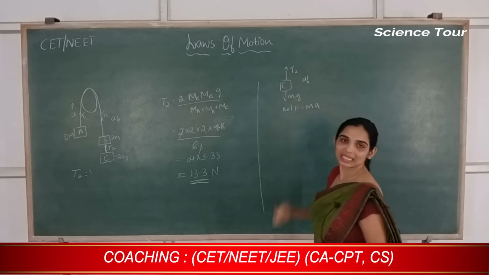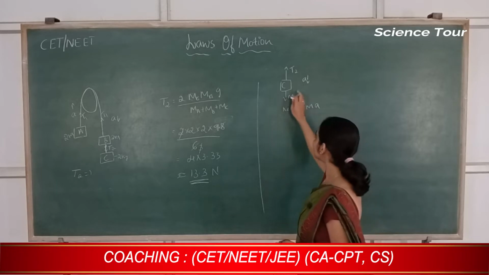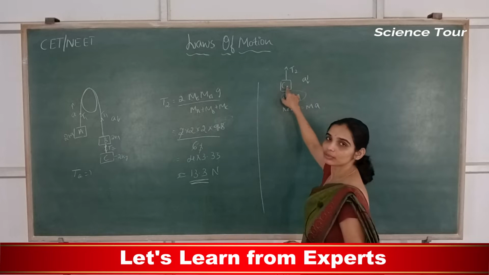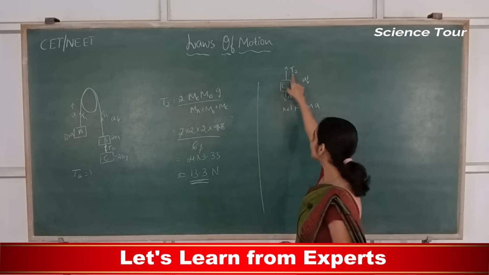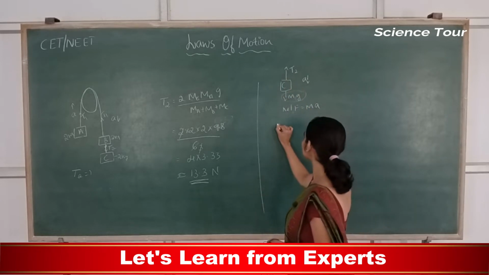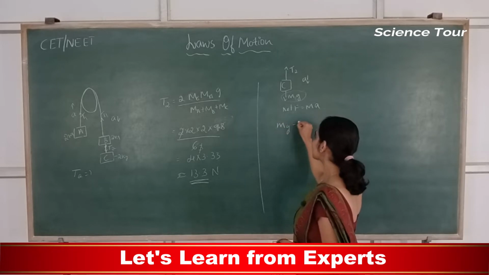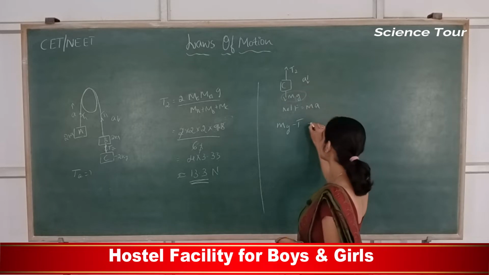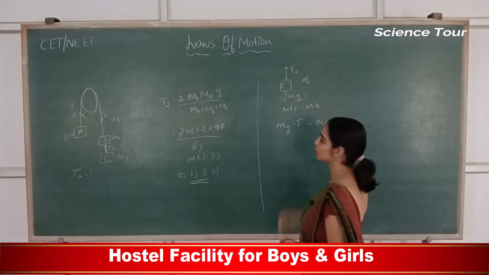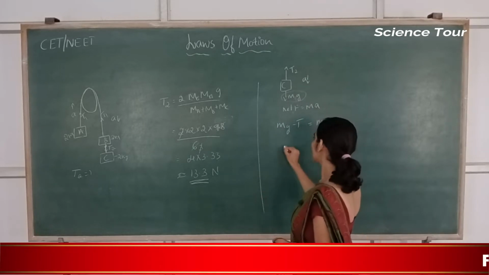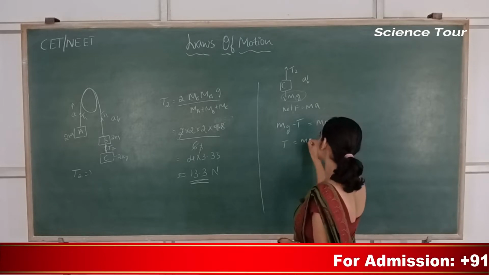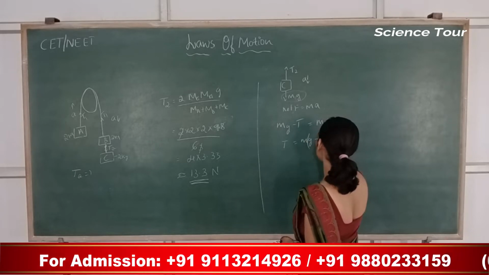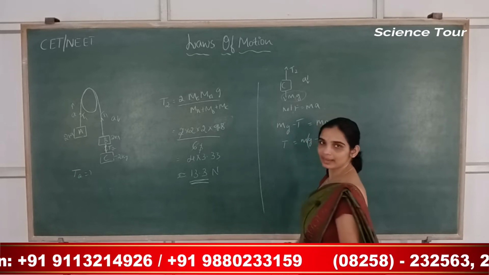So net force acting on mass C, since acceleration is downward, obviously weight of block C should be greater than tension T2. So you can say that mg minus tension is the net force which is responsible for this acceleration, which can be written as M into A. So tension is equal to mg minus M into A. So you can say M of (g minus a).